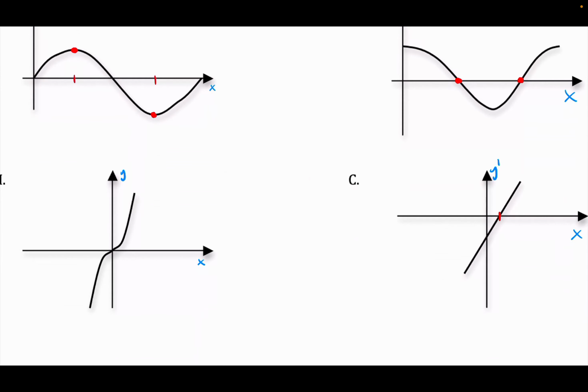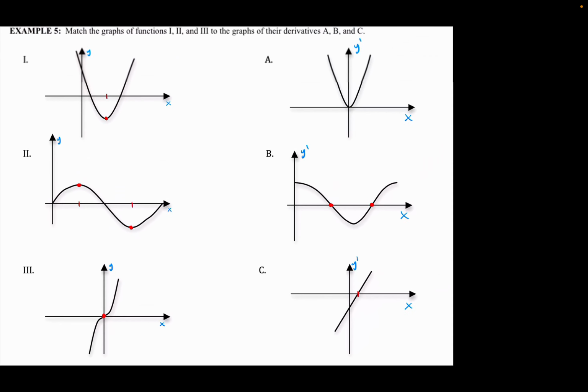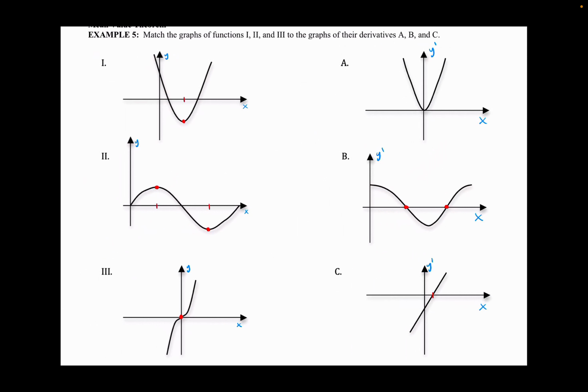And then we know 3 goes with A because the derivative is closest to 0 here. It's not quite 0, but it's pretty close to 0. That reflects letter A there.